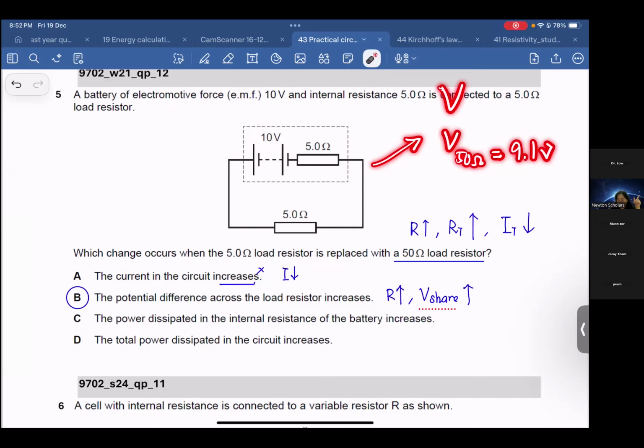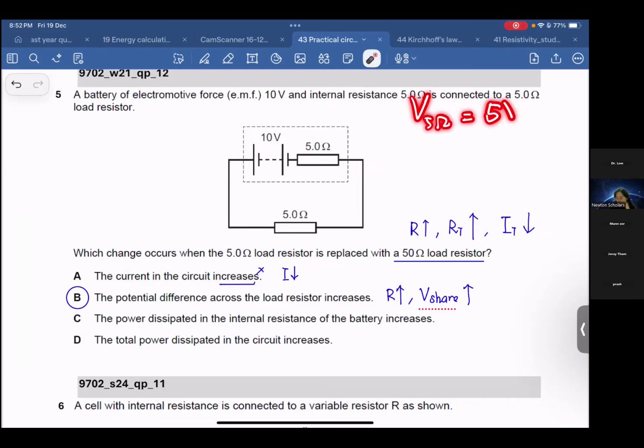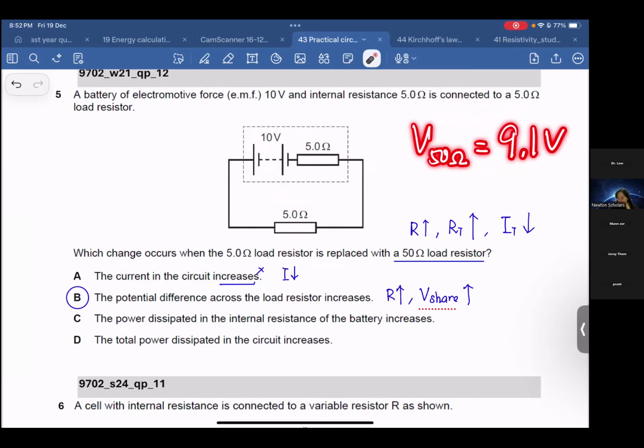If it is 5 ohm, it will receive 5 volt. But when resistance becomes 50 ohm, I get 9.1 volt. So it will go from 5 volt to 9.1 volt. So the voltage increases. Yes, correct.